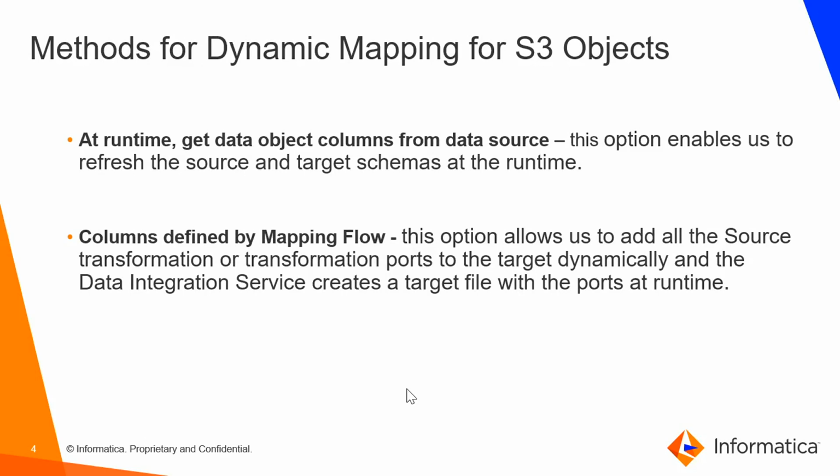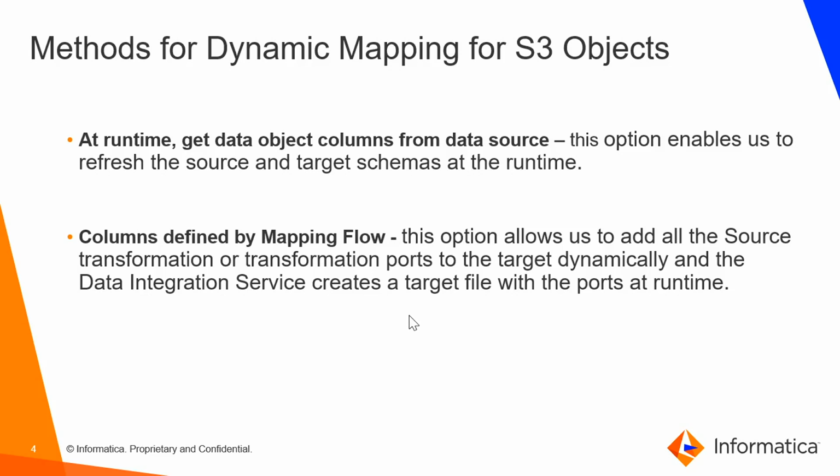To accommodate changes in the source or target for S3 objects, we have two options. One of them is to select the option Get Data Object Columns from Data Source at Runtime. If there's any change in the source or target schema, when we check this option, we will get the metadata for the object at runtime.